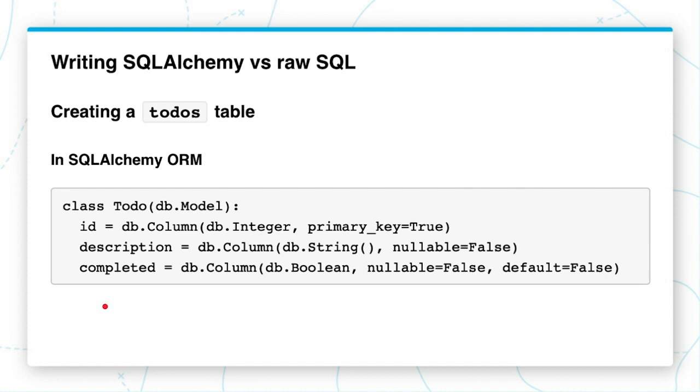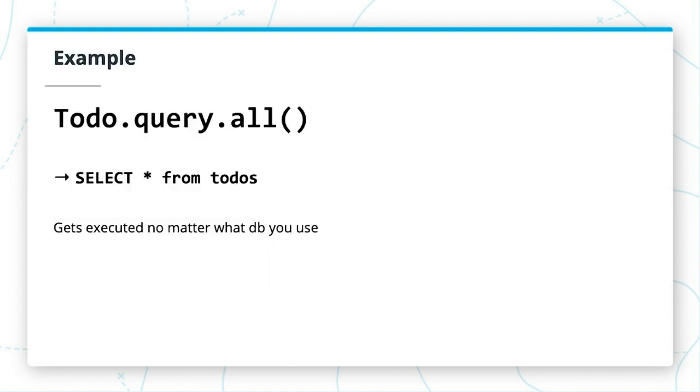As a result of creating this class Todo, we can do certain things with it which would mirror operations that we would do in a relational database. So for example, to do a typical select star statement from a todos table, we would instead interact with the class Todo. And the class Todo would have an object query, which would offer us a method all, which does the exact same thing as selecting all of the records or all of the objects that belong in the class Todo.